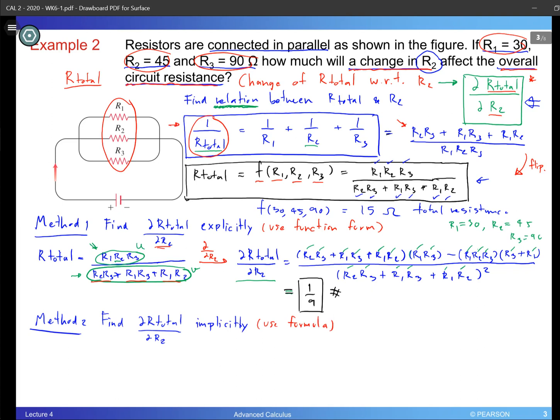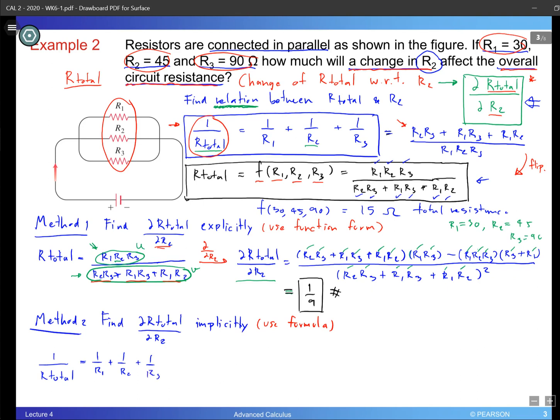So let's try that out. So we have this 1 over R total, equal to 1 over R1 plus 1 over R2 plus 1 over R3.